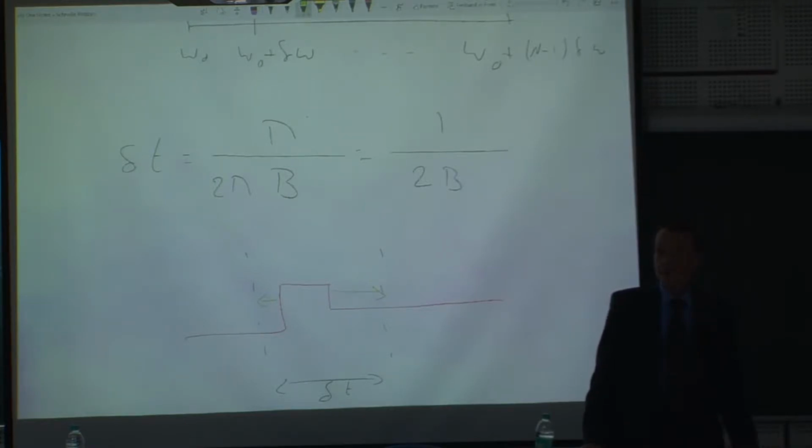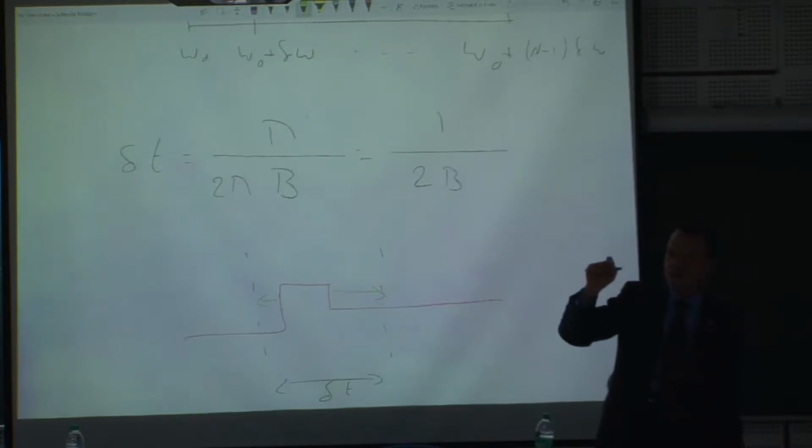Much worse is if you have both within just one half. You will collapse both at the same time, so you will not distinguish them anymore. So if the distance between two successive interfaces, or the thickness of a layer, is smaller than delta t over 2, in this case you will collapse the two on the same side.